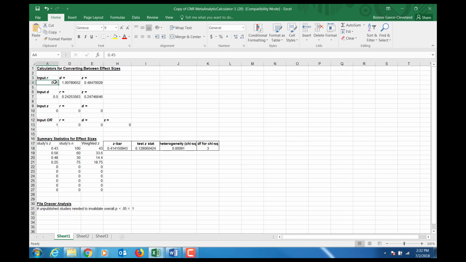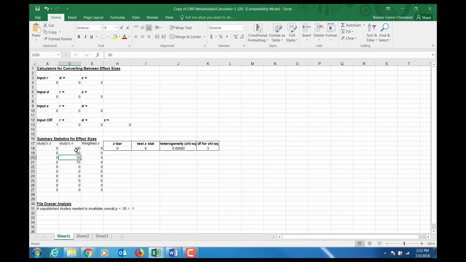So let's zero these out for starters so you can start with a fresh template here. And so we said you're going to have 4 studies in this particular assignment. And those 4 studies are going to consist of findings reported in different ways.